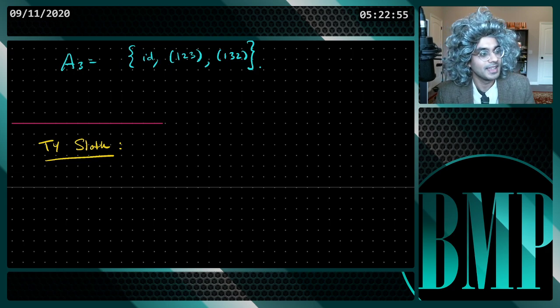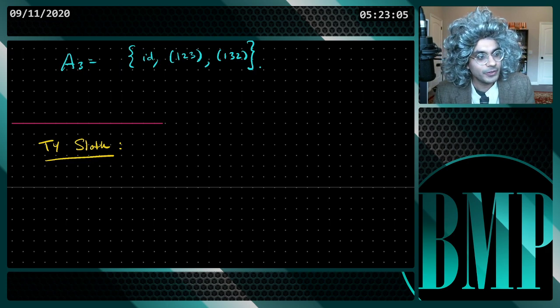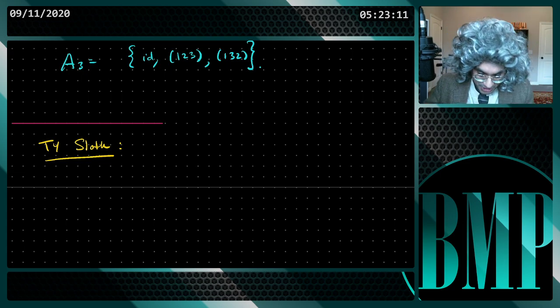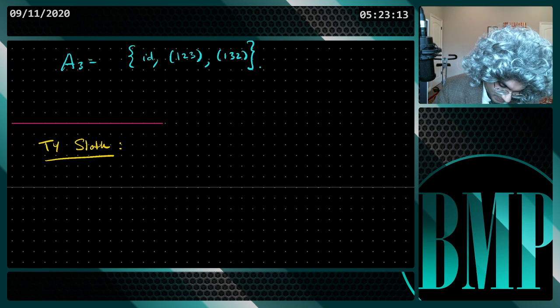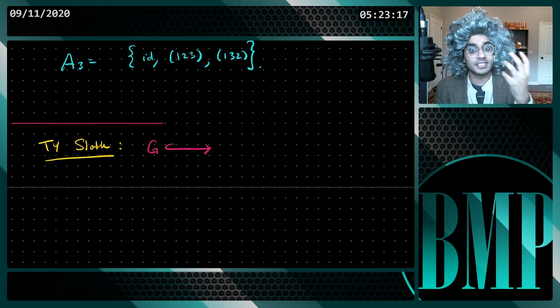However, if you use the proof of Cayley's theorem, you will notice that the group G can be placed as a subgroup.